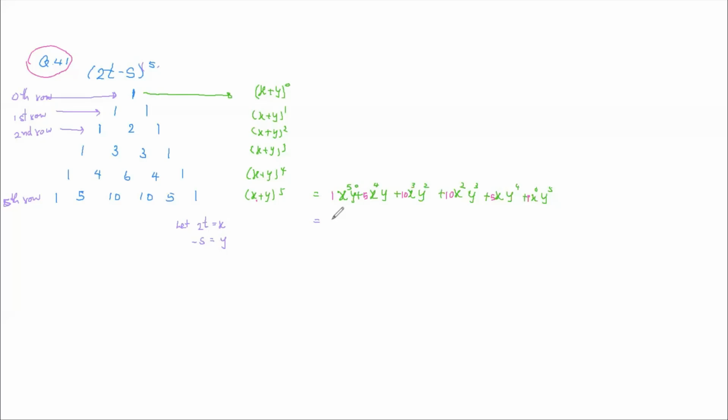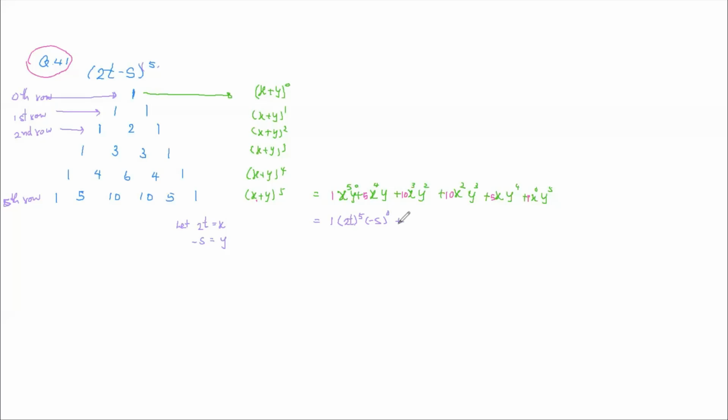So now we have 1 times x, which is 2t, and then power 5. Y equals negative s, so you just replace: negative s power 0.